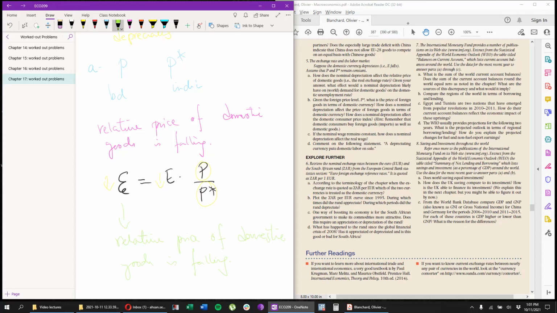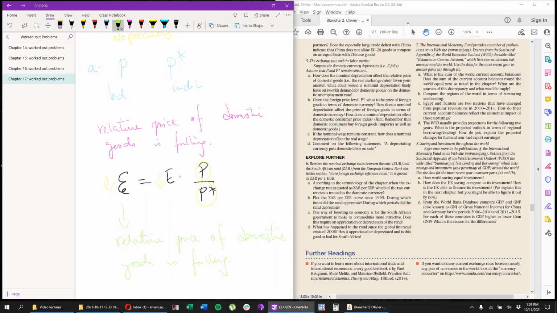This may not be immediately obvious to you, so just think about this. We've all experienced this. Suppose we're ordering a good online from India or USA. We're always thinking about the exchange rate and how much that will be.